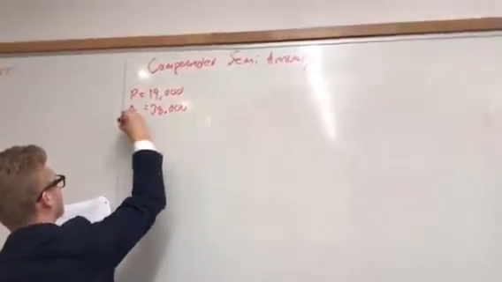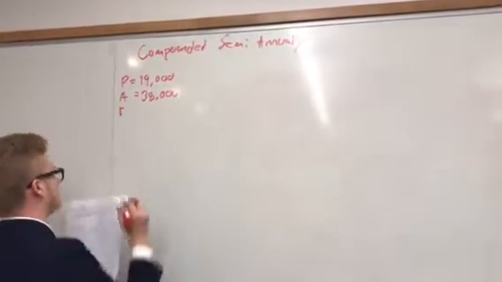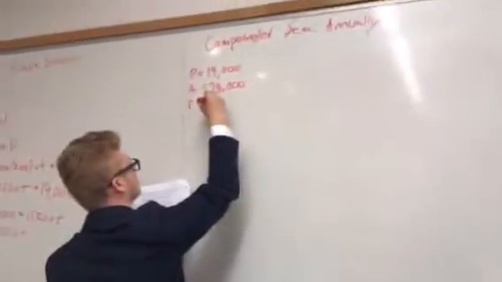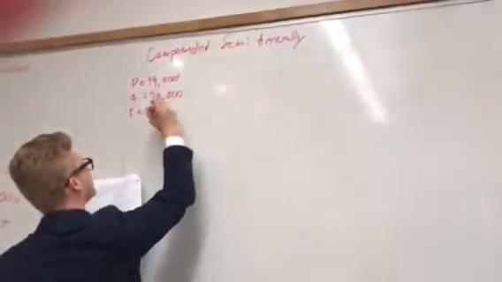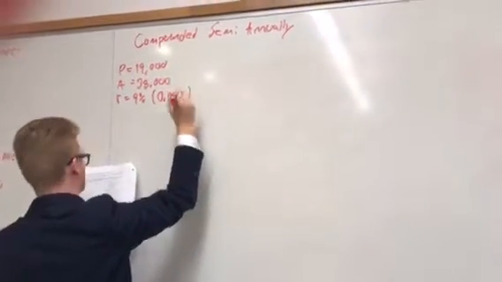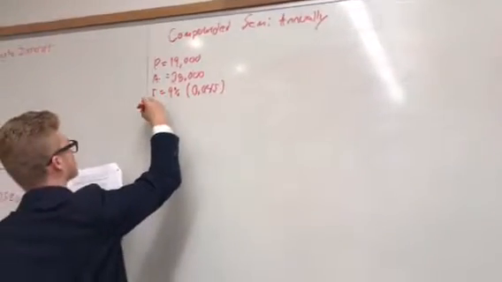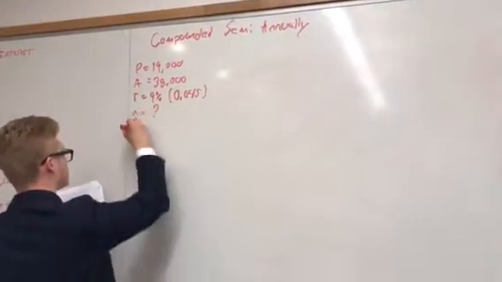But now the R is an I this time for interest, so that'll be 9% value. But then once again you have to put that in decimal form, but this time dividing that by two. So this will be 0.045. And then the n is what we're trying to figure out, so we don't know that yet.